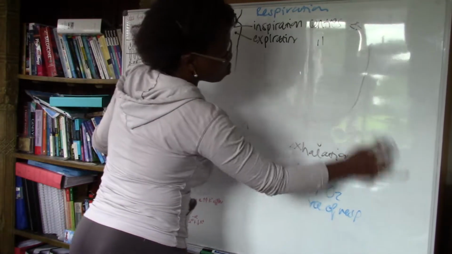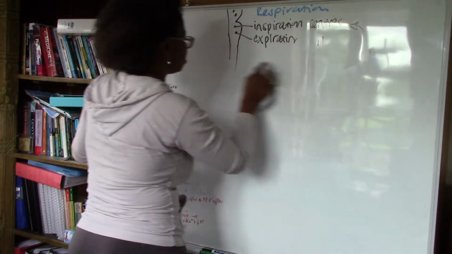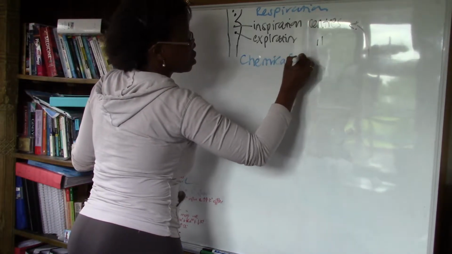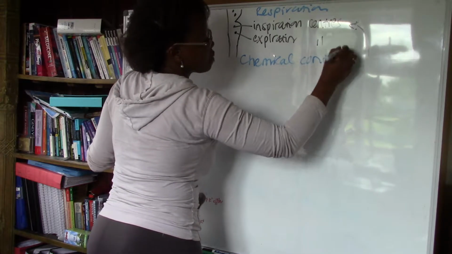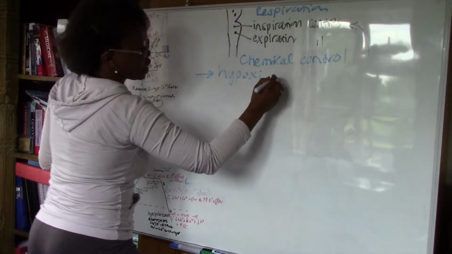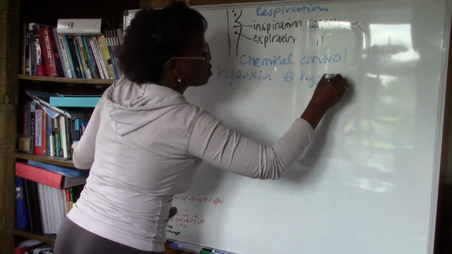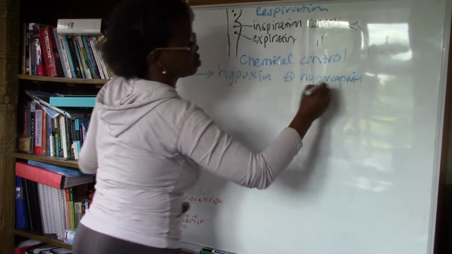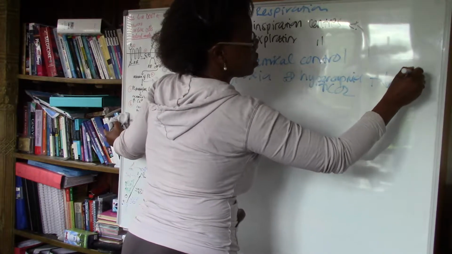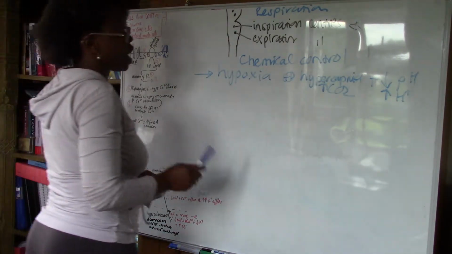There is also the chemical control. The chemical control is based on sensing the hypoxia and also sensing hypercapnia, and sensing reduced pH, which means we have high hydrogen ions.